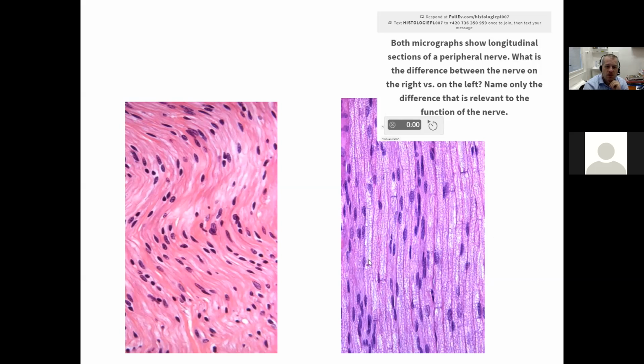This white substance that surrounds the nerve process, it's myelin. It's white because it's mostly made of lipids, and you can't see as much myelin here as you can see on the right side. So on the left, that's a histological picture of an unmyelinated nerve.